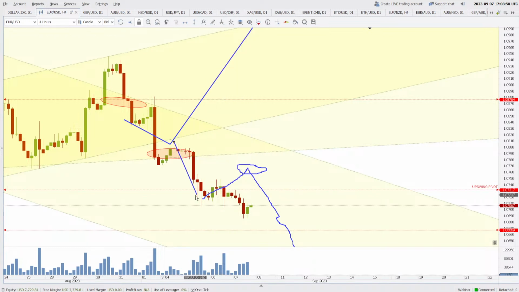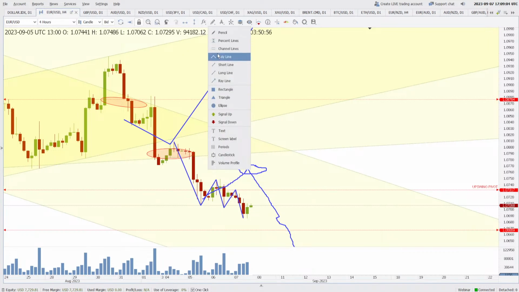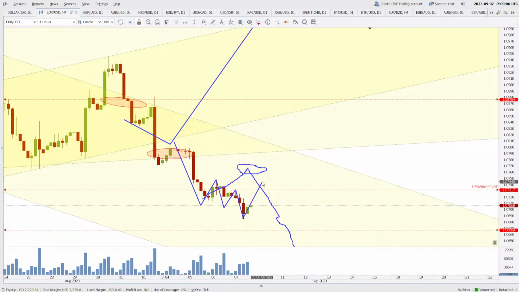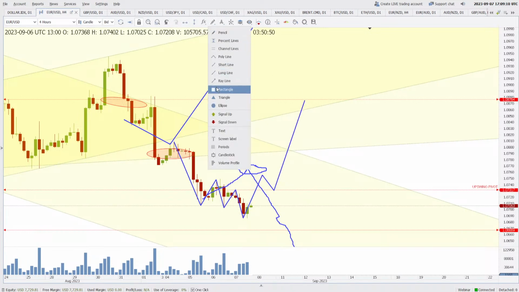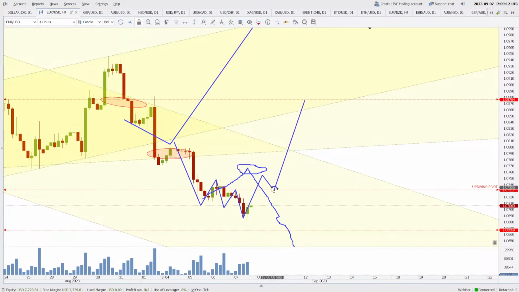On the 4 hour, the price was making lower high, lower low, lower high, and lower low. So this is the lowest high that the price has made. If that is broken, then the market will turn into an uptrend, and in that case, we'll be looking for a buy in this market, at around this area here.